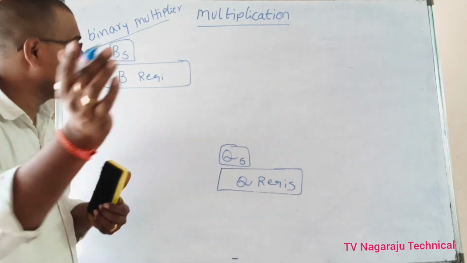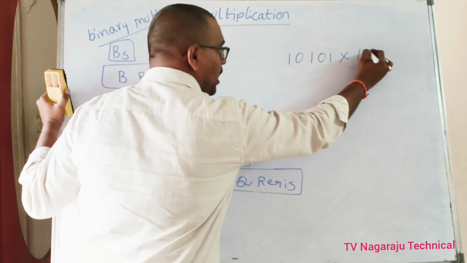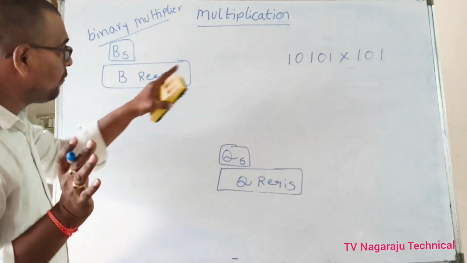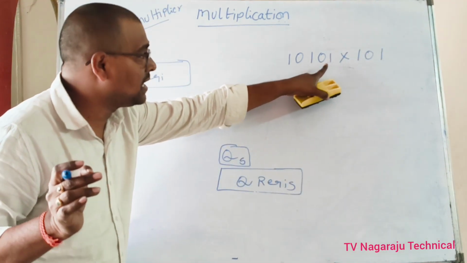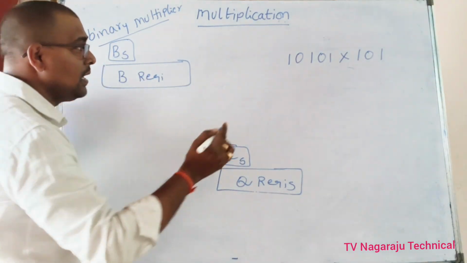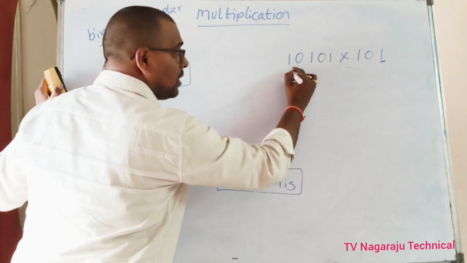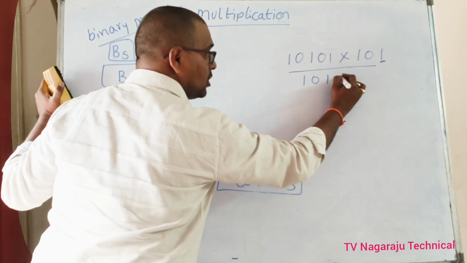Take this example, it is very easy: 10101 into 101. If 10101 is the multiplicand and 101 is the multiplier, what are we doing? If the last bit is a 1, then we write 10101.